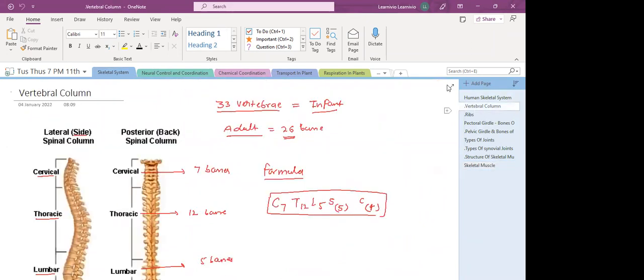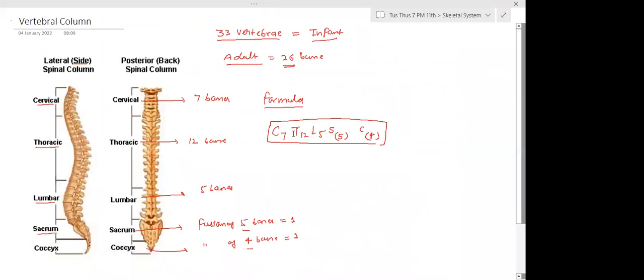Vertebral. Yes. Look, Affaf. Is it visible to you on screen? Yes. This is the vertebral column, means backbone. Backbone is made up of small bones, and every small bone is called a vertebra, right?